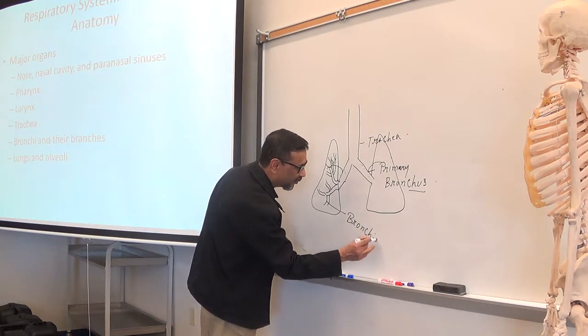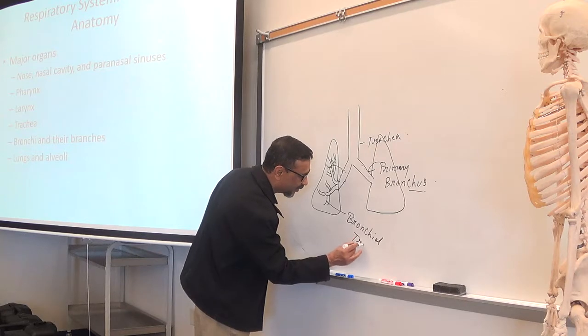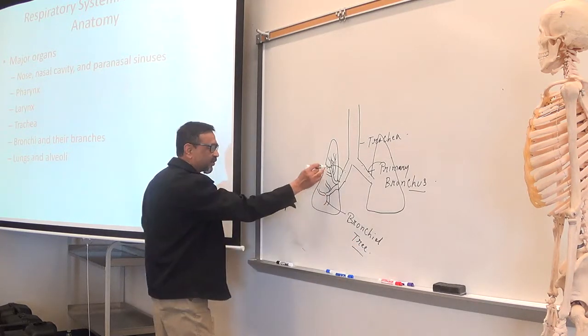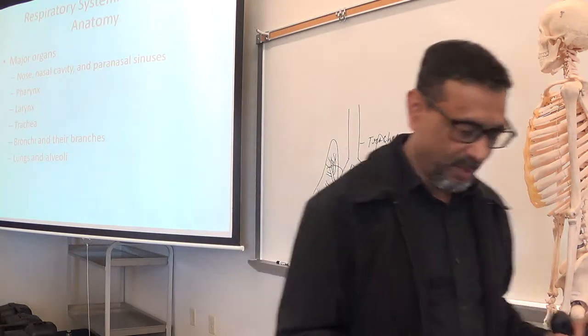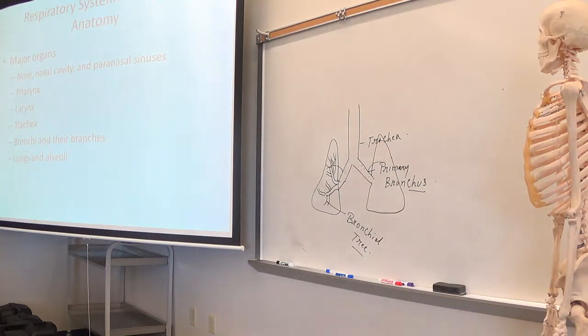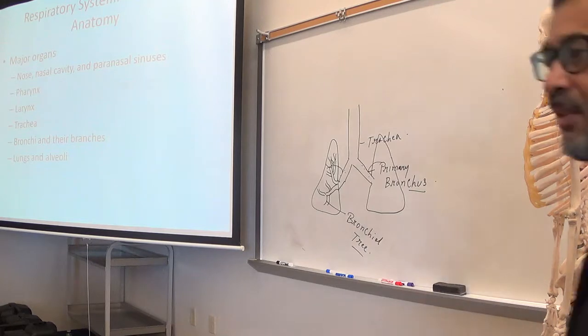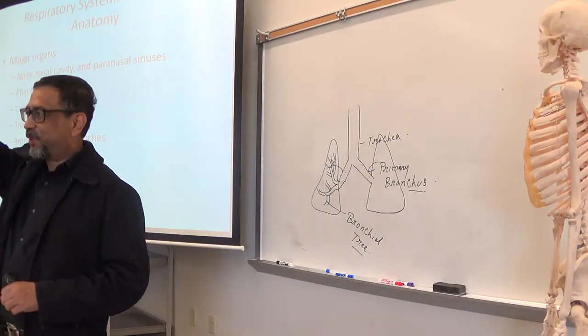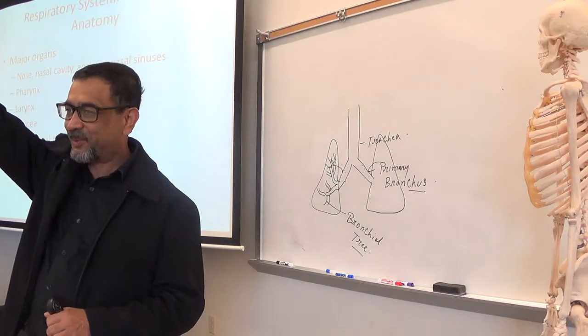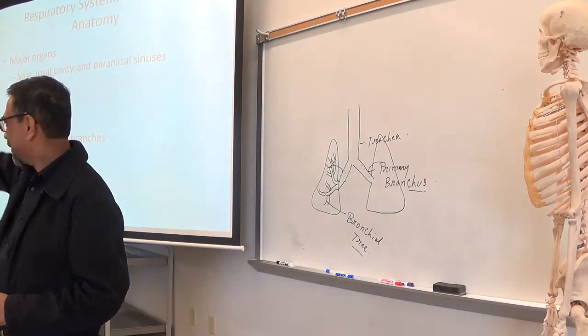We'll see the name of those small divisions. Just know first that inside the lung you have bronchial what? Tree. Like the branches of the tree. So many inside the lung.